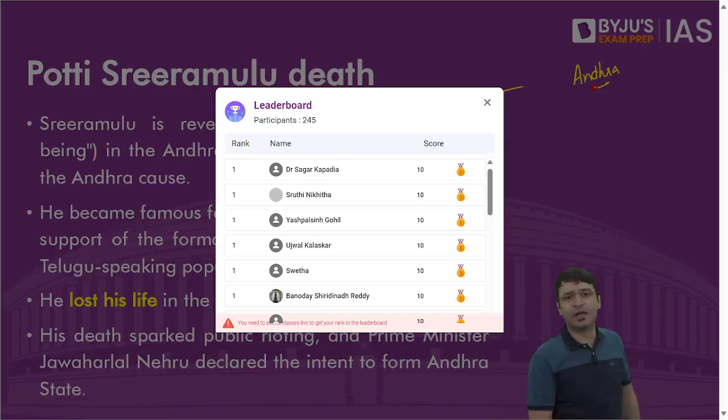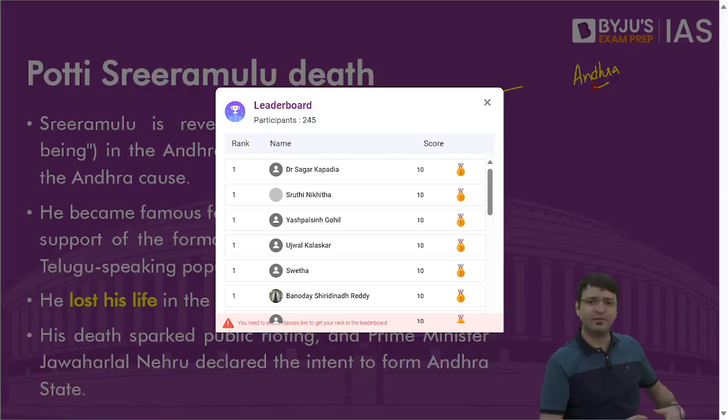The government rejected his proposal, his request, his demand, saying we cannot divide states or reorganize this country in the name of language. We have to do that only on the basis of administrative convenience. Mr. Sriramulu went on a fast unto death, and ultimately he lost his life.